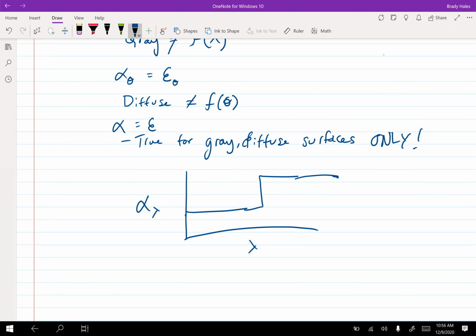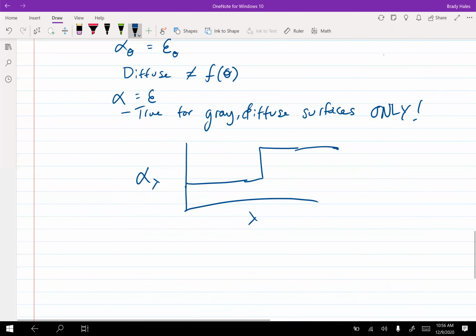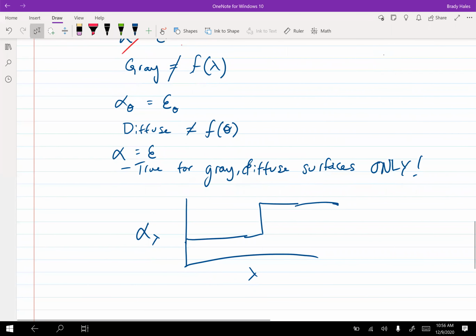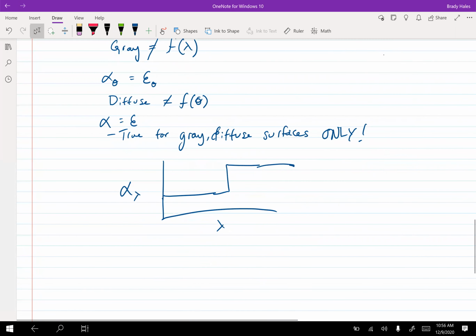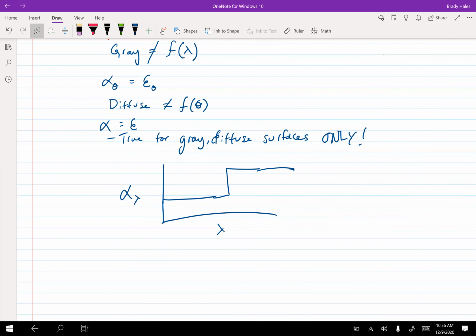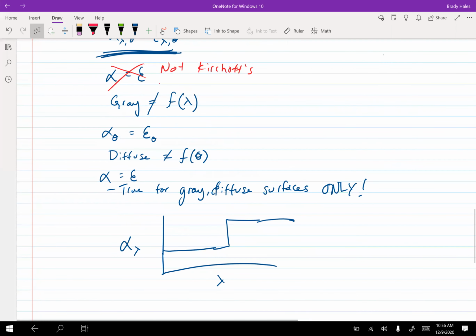It is diffuse, unless they were to provide you a graph of how it changes with direction too, which is often not the case, at least for ME 340. This would tell you it's not gray. So you can say alpha theta is equal to epsilon theta, but you cannot say that alpha is equal to epsilon.